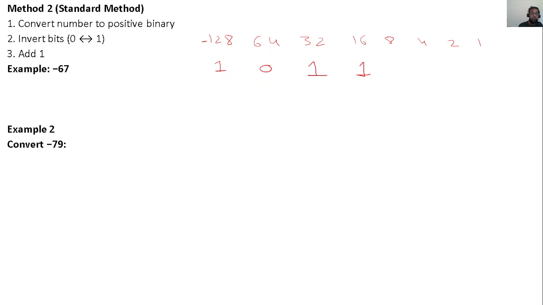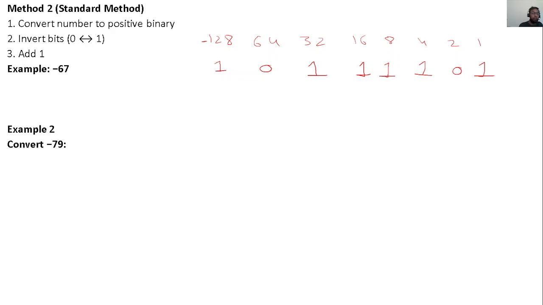Minus 80 plus 8 becomes minus 72, so we again put 1 here. Minus 72 plus 4 is minus 68, so again 1 here, and then we put 0 and 1, so that becomes minus 67. This will be the binary of this number.